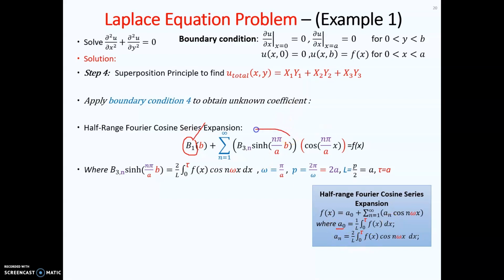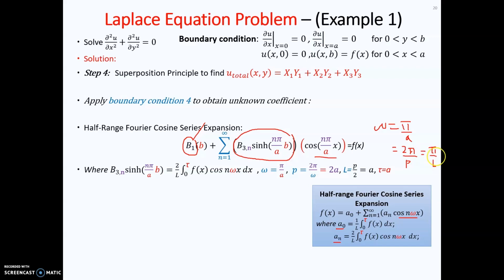Let's continue to obtain the coefficient here by using the an formula. By comparing the cos component here, you can find your omega is equal to pi over a. So you know that omega is equal to 2 pi divided by T, which is the period, or is equal to pi divided by the half period.